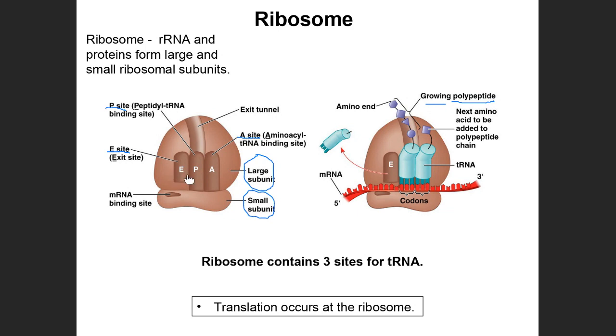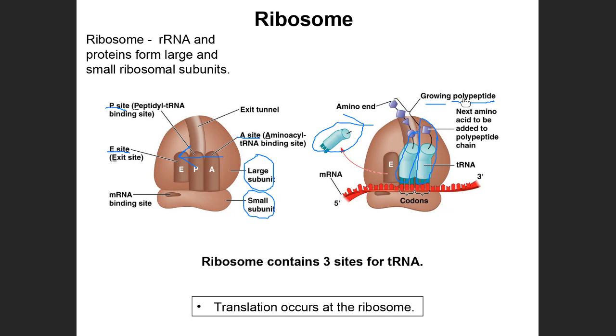These three sites, the A site, the P site, and the E site, work going in this direction. And what moves through these sites? Your tRNAs. Your tRNAs move through the three sites.